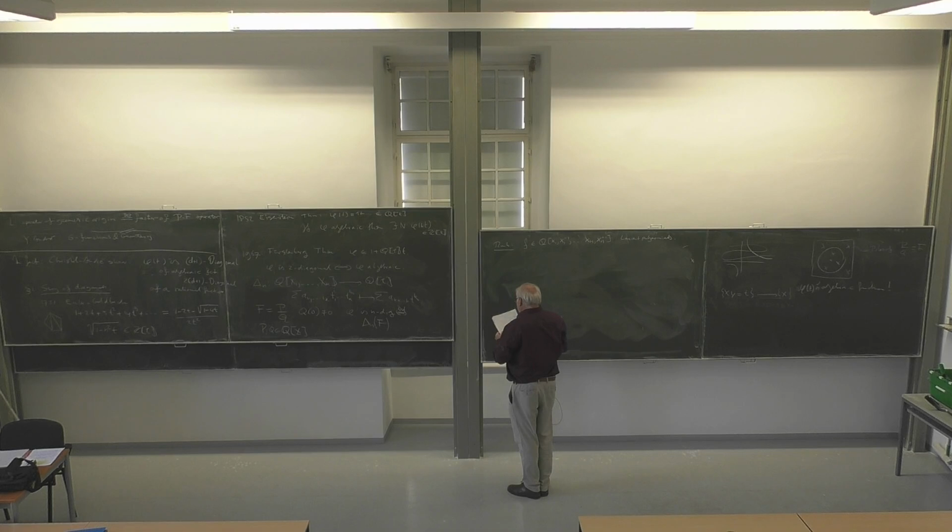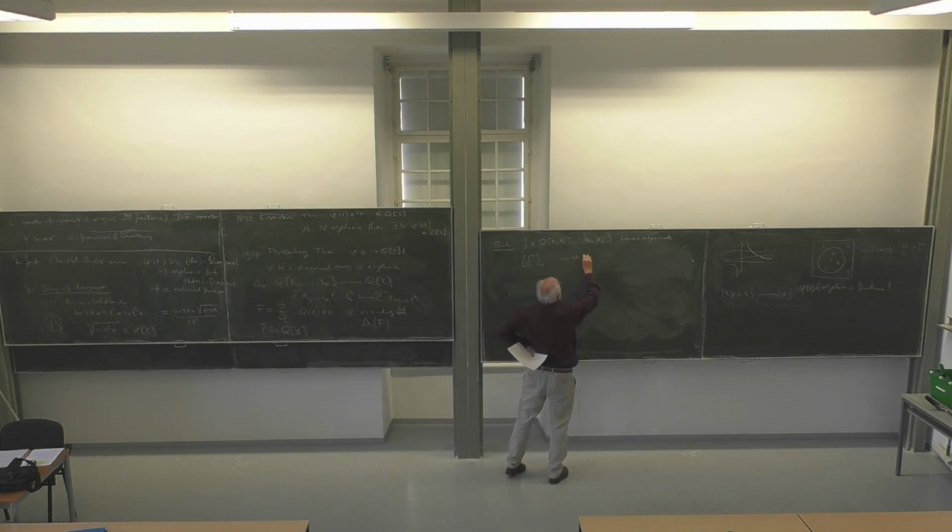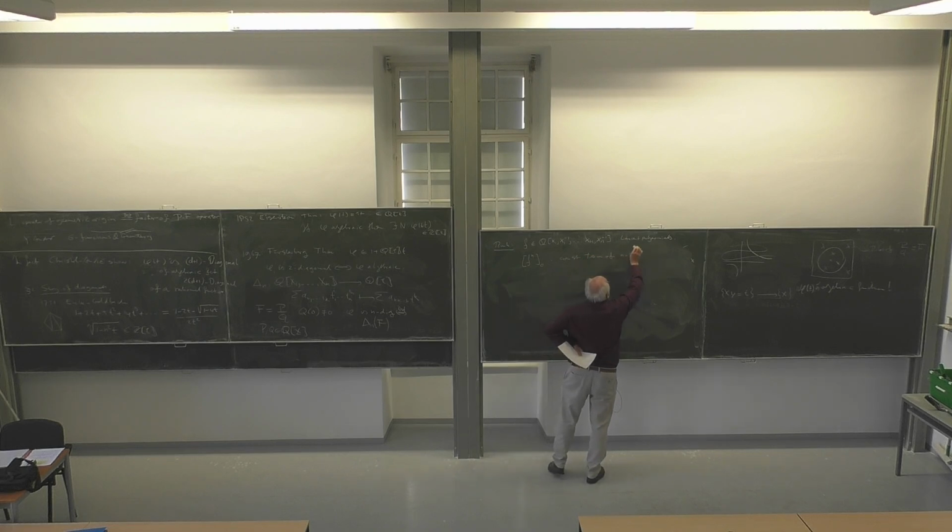You take the nth power of a Laurent polynomial and take the constant term of the nth power. We did this, I illustrated this.